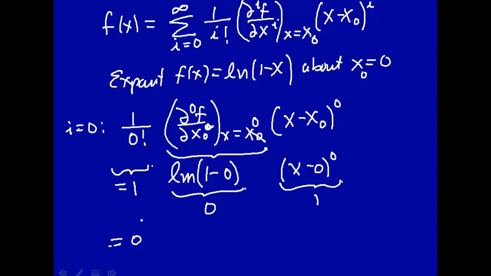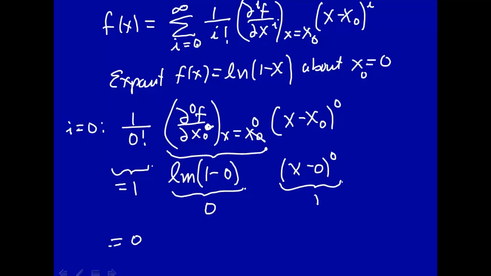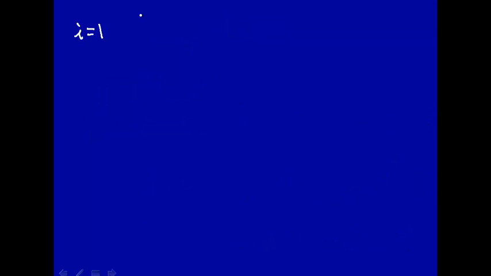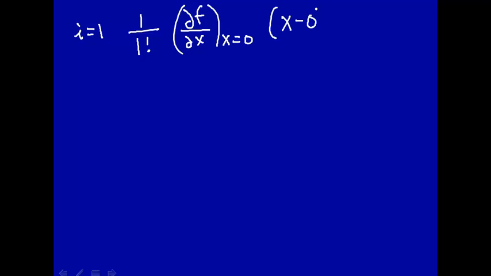Now let's do the i equal 1 term. Again, what we're doing is we're just taking the first two terms in this expansion. So i equal 1, we'll have 1 over 1 factorial, the first derivative of the function with respect to x, evaluated at x equals 0, and we have x minus 0 raised to the first power.